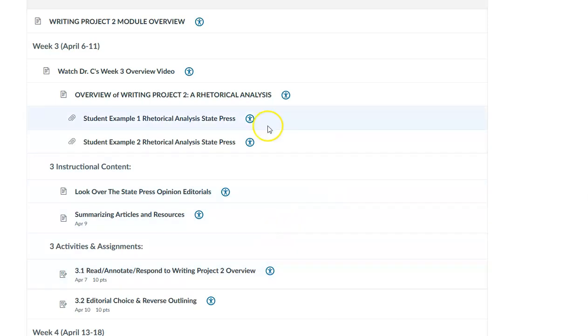This week, we already talked about the assignment, and this page right here is just another link to those State Press editorials to invite you to peruse them, look them over, and see if there's one that stands out to you. Remember, you're not looking for a topic that you like.